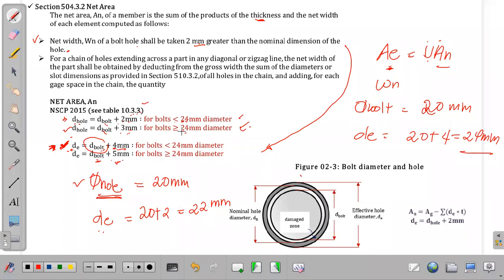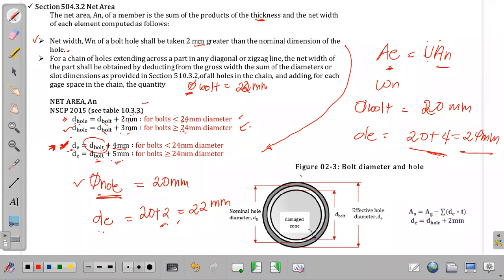If greater than 24, plus 5 here, and this one, plus 4. Okay? Understand this? This is how we get the diameter. So we have to be very careful in getting the diameter here. If the bolt is what's given in the problem, the diameter of bolt is equal to 22 mm.